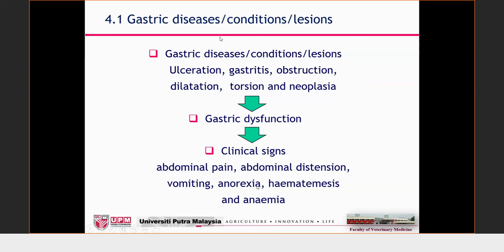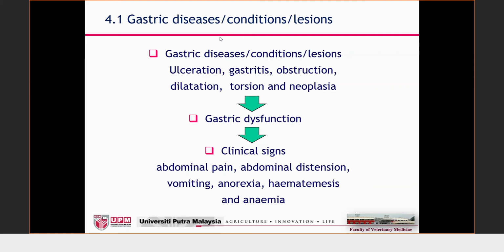So clinically we can observe those, but sometimes there will also be abnormal sounds of the GIT.